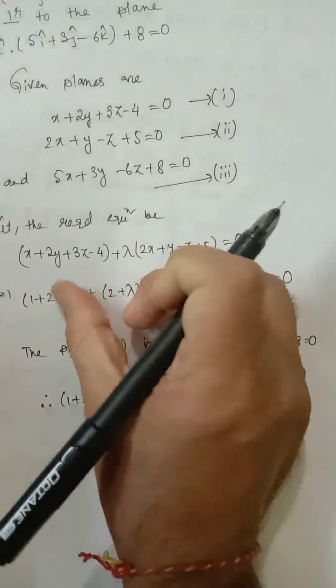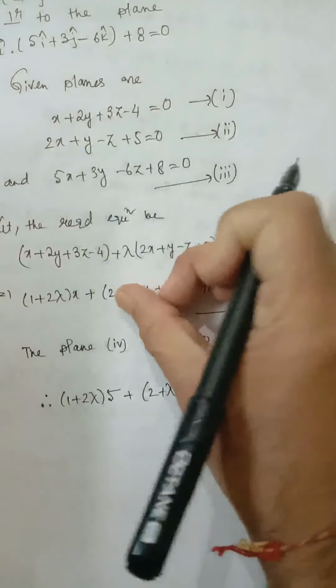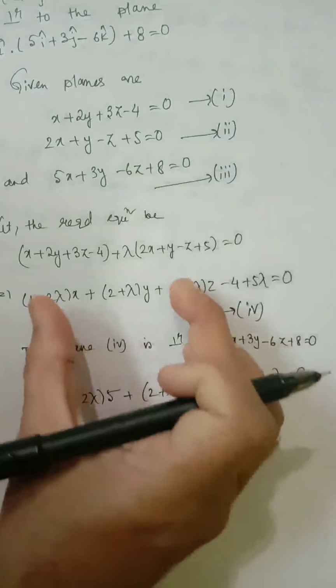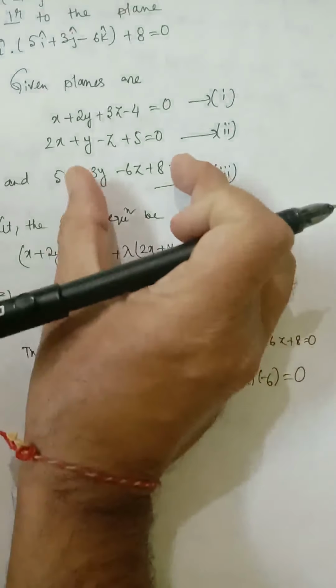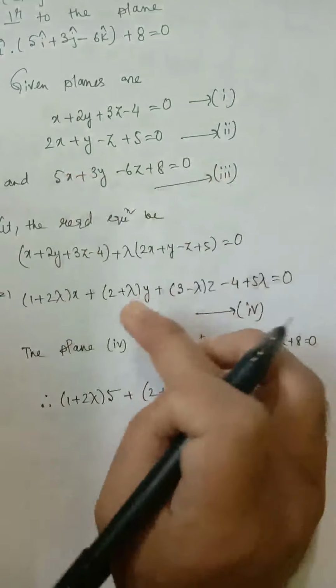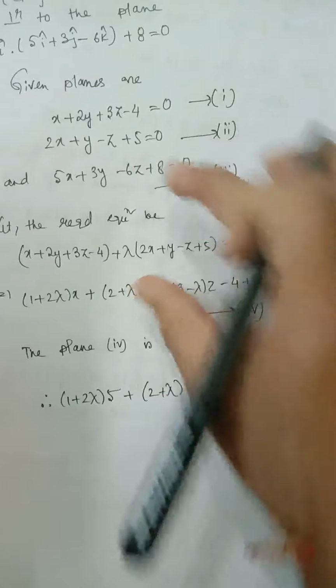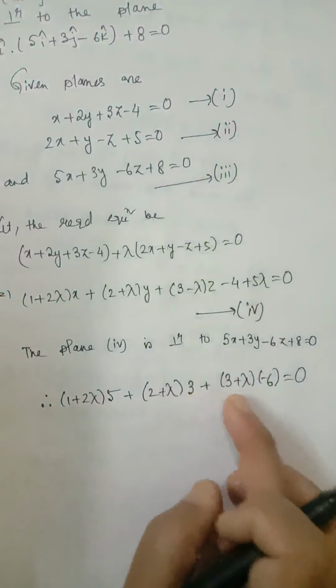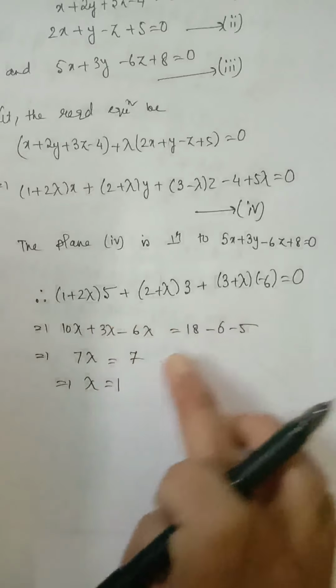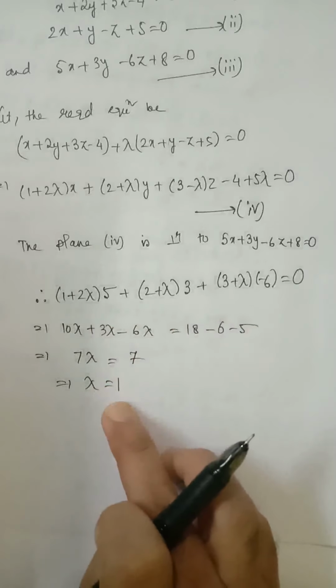So it will be a1 into a2, b1 into b2, c1 into c2. This is the required plane. This is the third plane with which the required plane is perpendicular. So as these two planes are perpendicular, a1 a2, b1 b2, c1 c2 equal to 0. And so simplifying, we get lambda equal to 1.